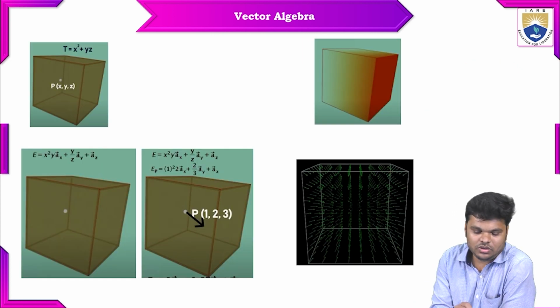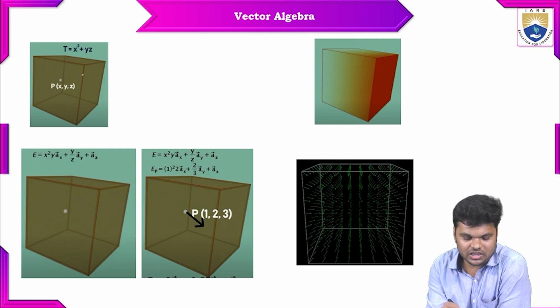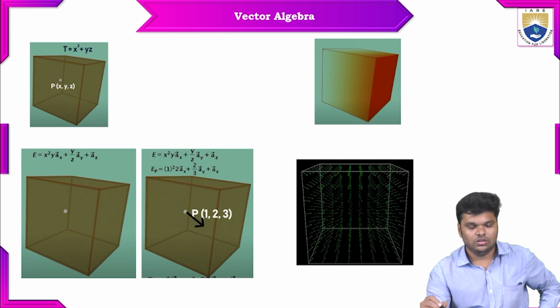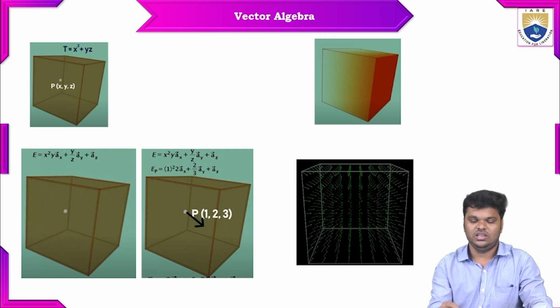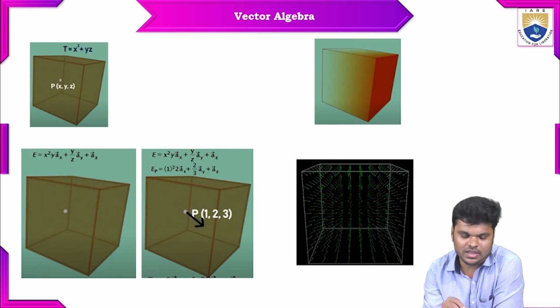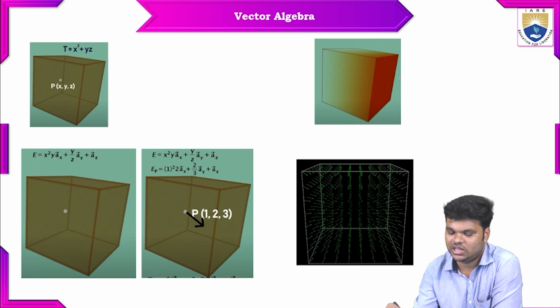Let's see one more example. Let's consider that this box is a room, and the temperature varies in this room according to this equation: T is equal to x square plus yz. If I find out the temperature at each and every point in the room, the temperature distribution looks like this.